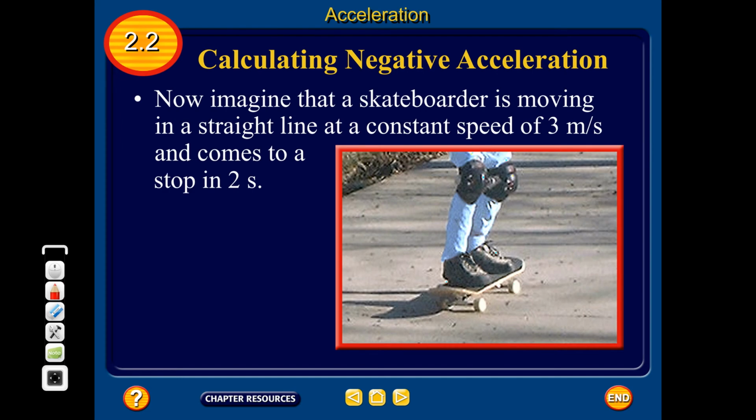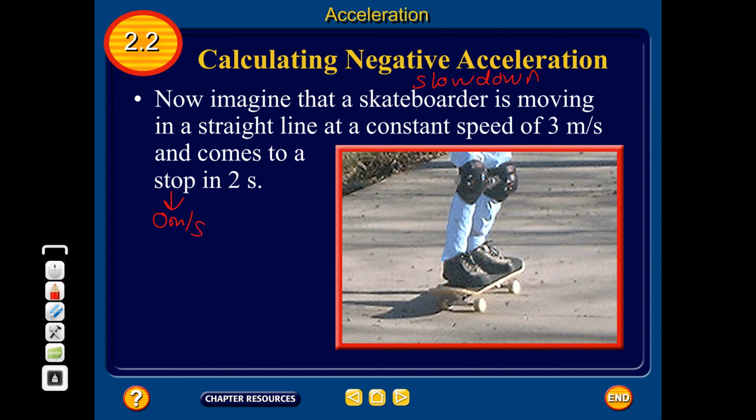If there's a negative acceleration, what we're looking at is the object is slowing down. Okay? So we're going to say speeding up is positive, slowing down is negative. So if you're moving in a straight line at a constant speed of 3 meters per second and you come to a stop in 2 seconds, what is your acceleration? Well, if I stop, how fast am I going? 0 meters per second.